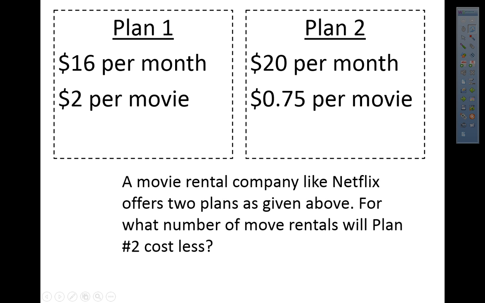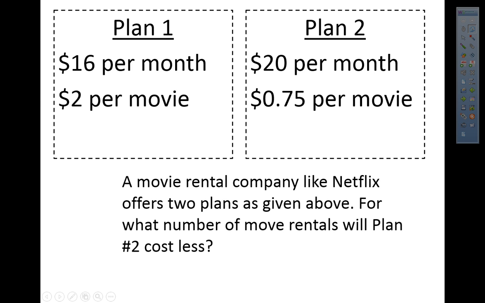If you could come up with an equation for this, I'll give you a prize. Well, how about we'll come up with one side of the equation, the other side, and then the total equation. A movie rental company like Netflix offers 2 plans as given above. For what number of movie rentals will plan number 2 cost less?